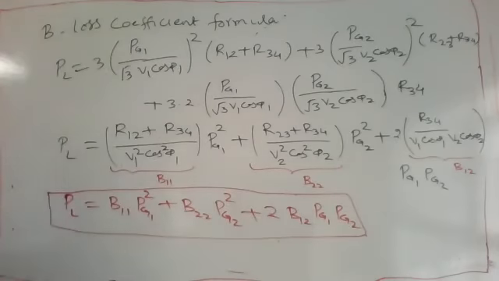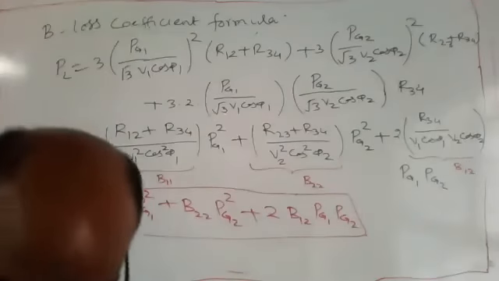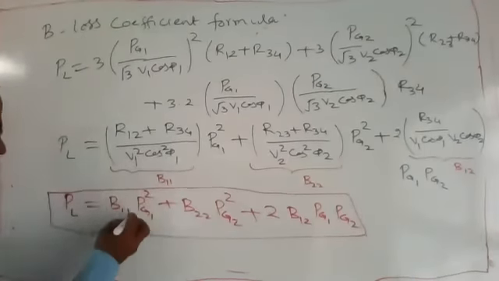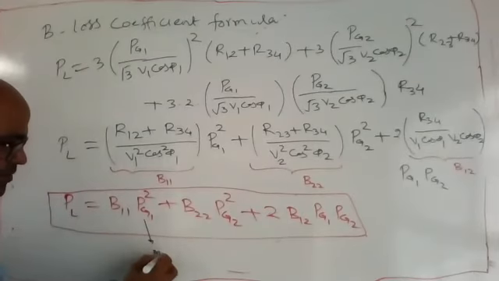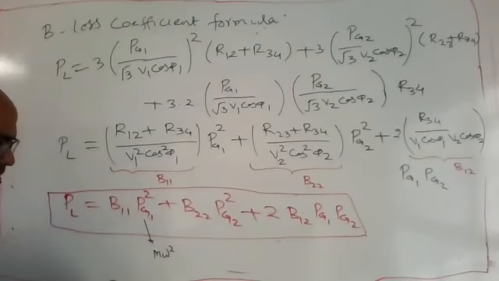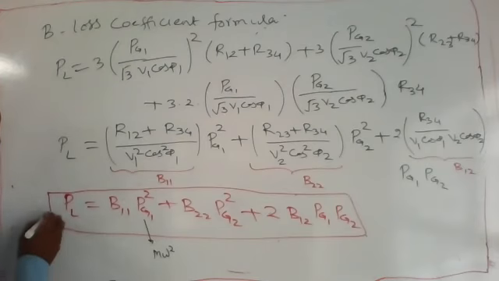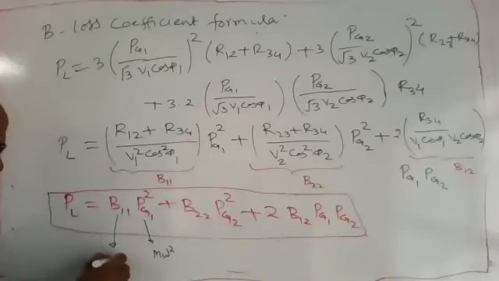It is different for different systems. Generally the unit of power is megawatt, so the unit of PG1 square is megawatt square, but PL is in megawatt. So what is the unit of this constant? Megawatt inverse.